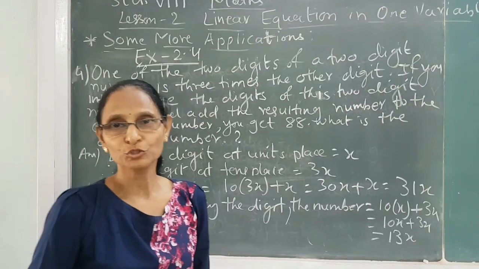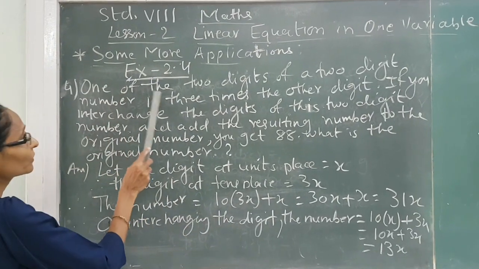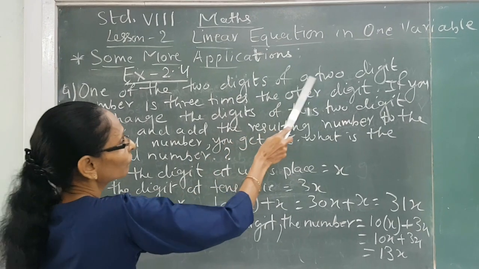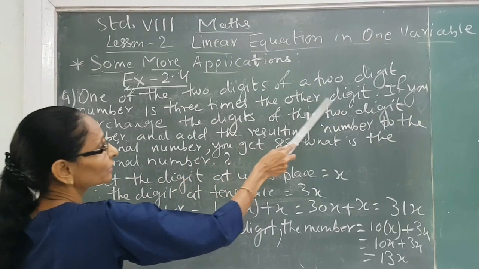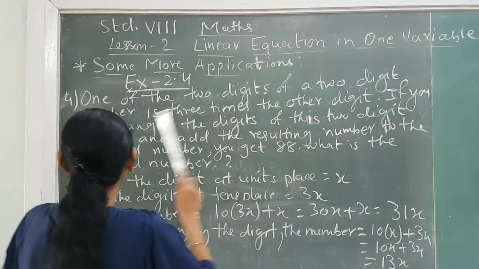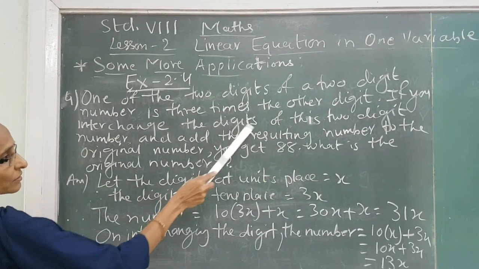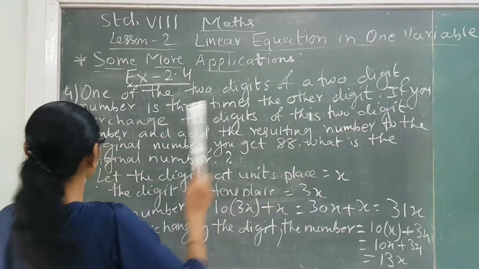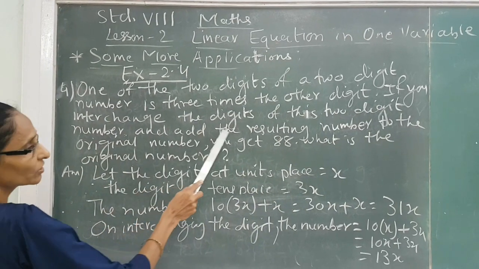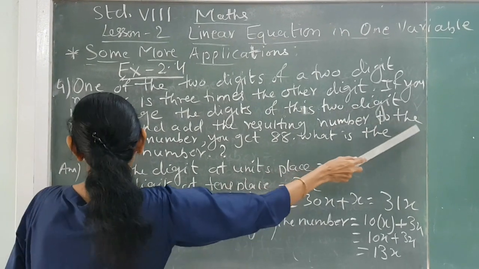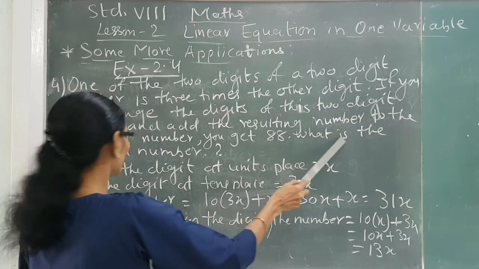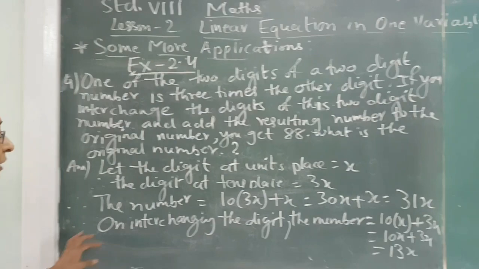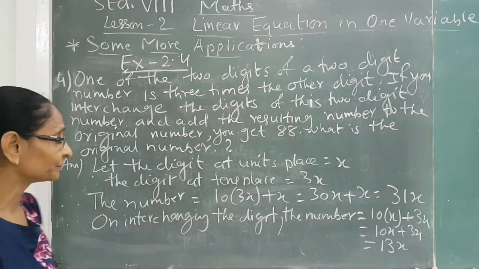Let us do question number 4. One of the two digits of a two-digit number is 3 times the other digit. If you interchange the digits of this two-digit number and add the resulting number to the original number, you get 88. What is the original number? Now again it is a two-digit number.